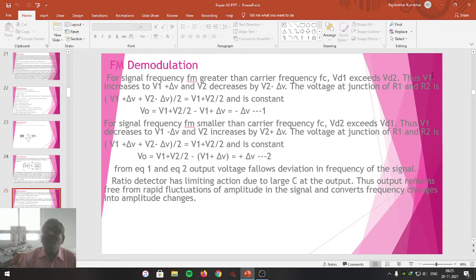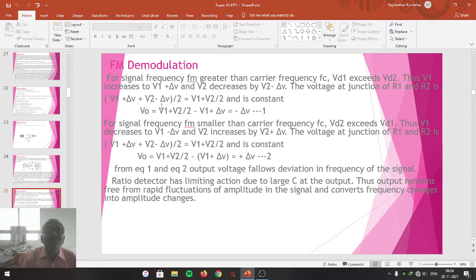Thus V1 or VO1 increases from V1 to V1 plus delta V, and V2 across diode D2 decreases to V2 minus delta V. The voltage across the diode which conducts increases by delta V, and across the one which doesn't conduct decreases by delta V. The voltage at the junction of R1 and R2 is (V1 plus delta V plus V2 minus delta V) upon 2, which equals (V1 plus V2) upon 2, and it is constant.